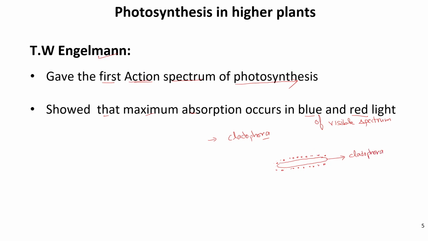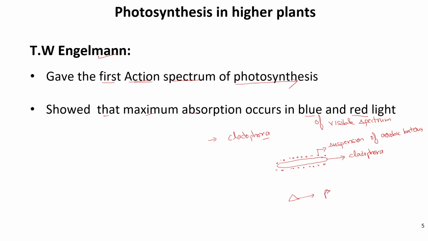This Cladophora was kept in the suspension of aerobic bacteria. Aerobic bacteria means which utilize oxygen. Alright. And what did he do? He kept a prism there, okay? Using a prism. So this is a prism.